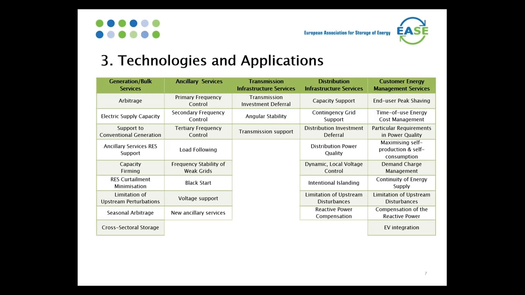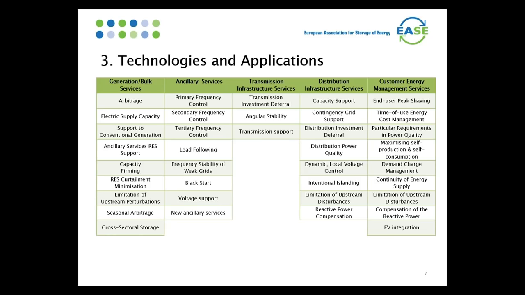On the application side, again, I will not be able to go into the 37 categories of applications here, but as Noreila already said, we can distinguish between applications that are linked to generation of power or globally to bulk services. We can look at ancillary services, which means services that help the grid to be operated and to remain stable, like in particular frequency control.